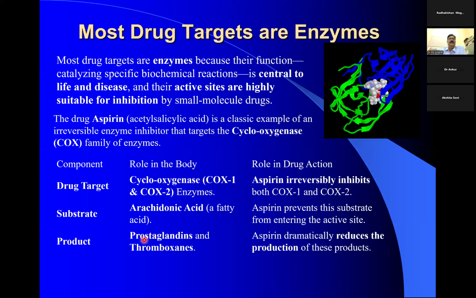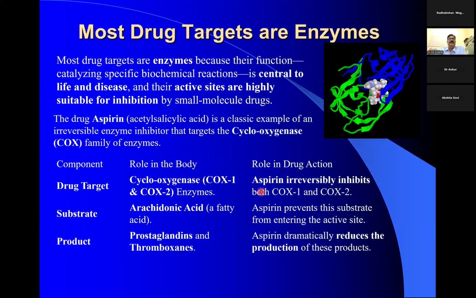If we block this, then we can inhibit it. So we design molecules which can inhibit this cyclooxygenase, so it will not convert arachidonic acid into prostaglandins.